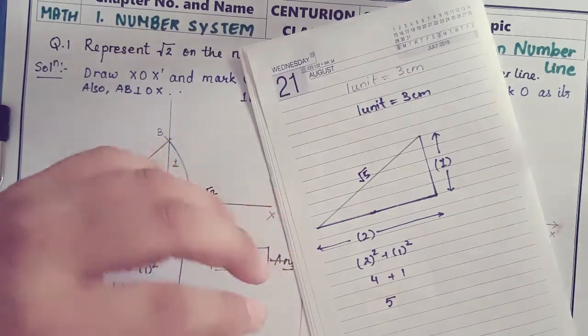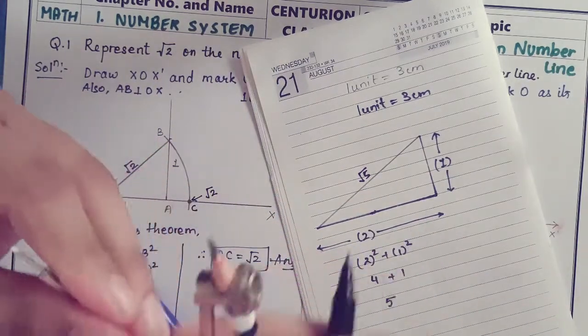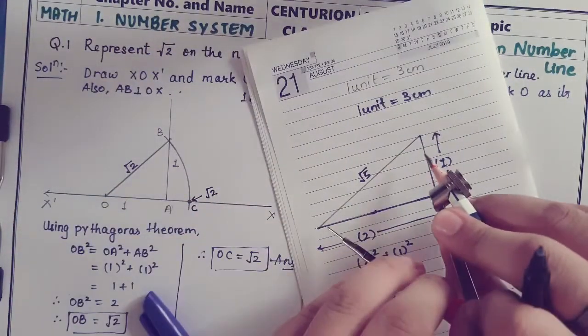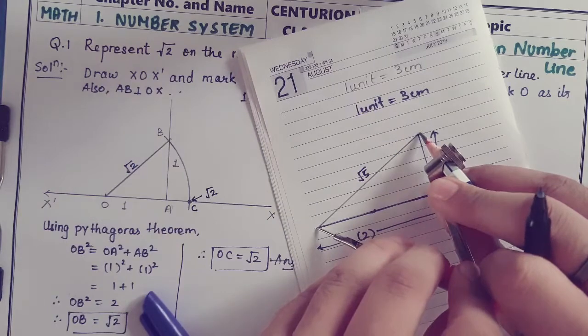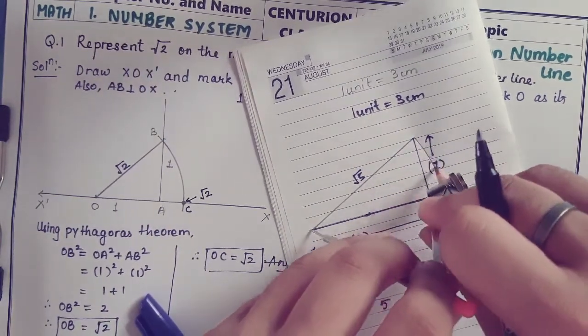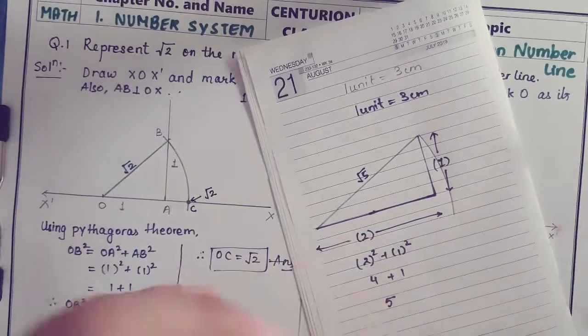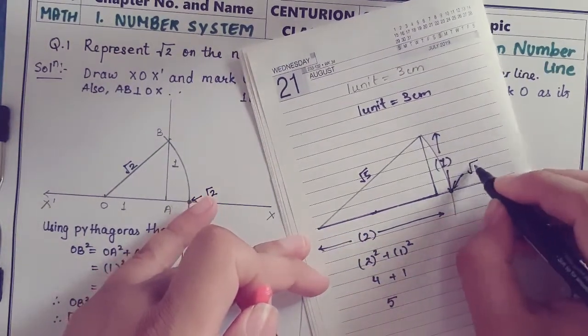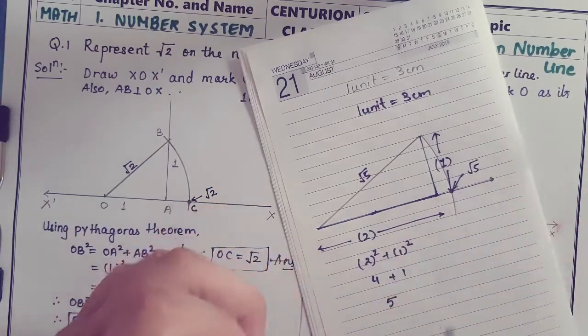I'm just explaining a little bit and then I'll do it neatly on the main page. This distance is root 5, and then we just need to do it like this. So this point on the number line will represent root 5. I hope you have understood this.